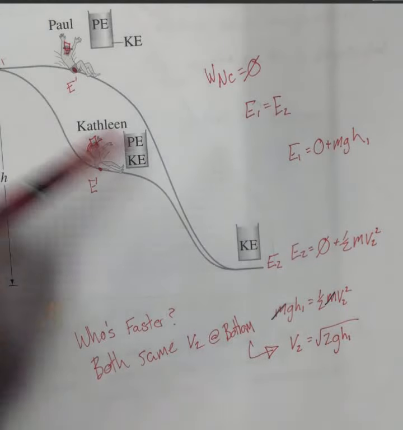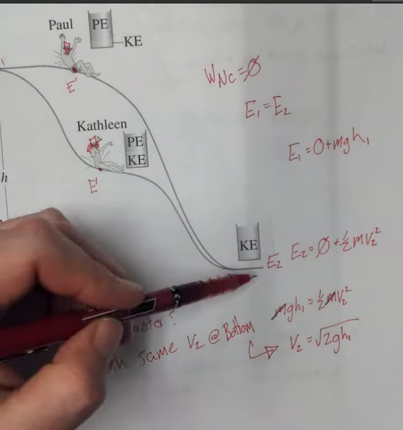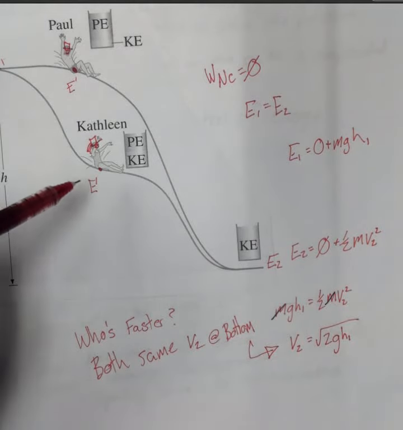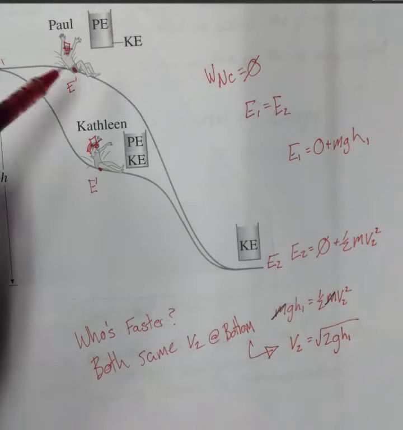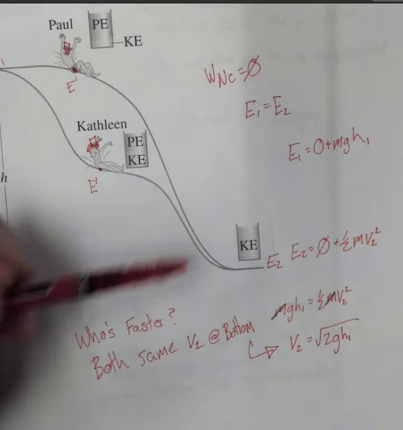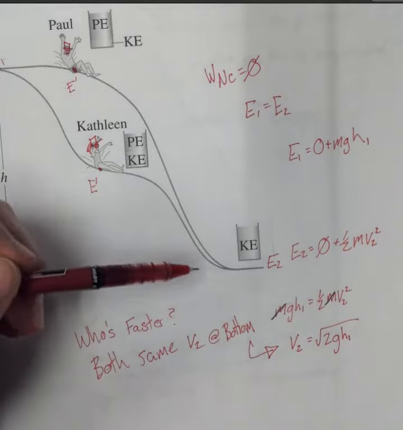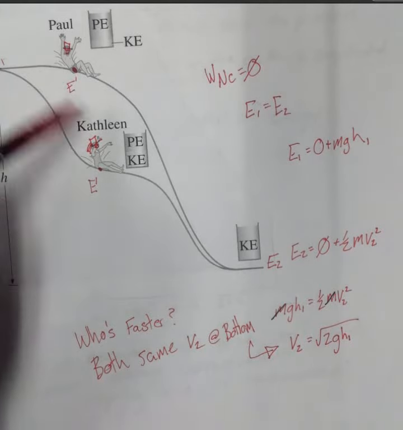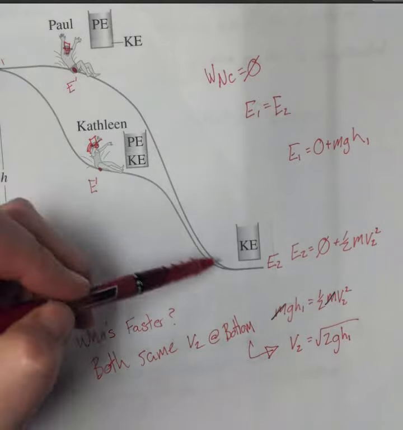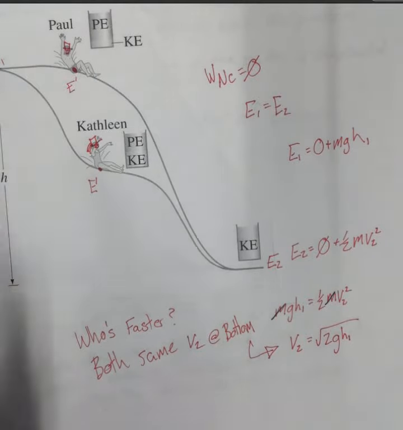So even though their velocities match at the end, since Kathleen's velocity, or rate of change of displacement over time, is higher than Paul's the entire time, she will actually reach the bottom of the slide first, but with the same velocity as Paul, who gets there later, but accelerated much more at the end.